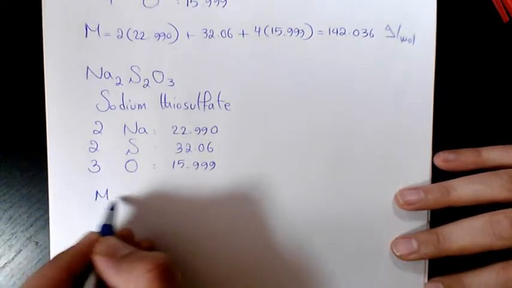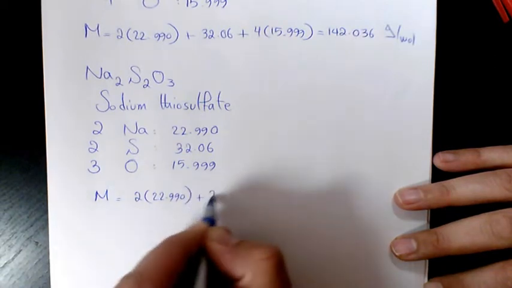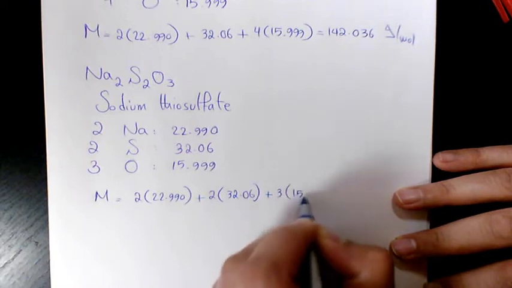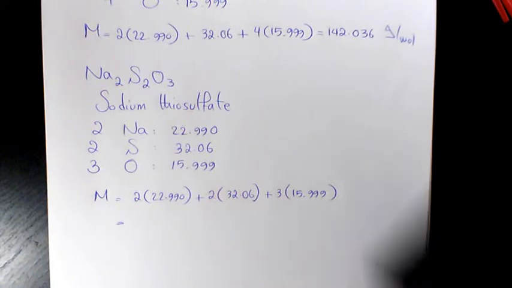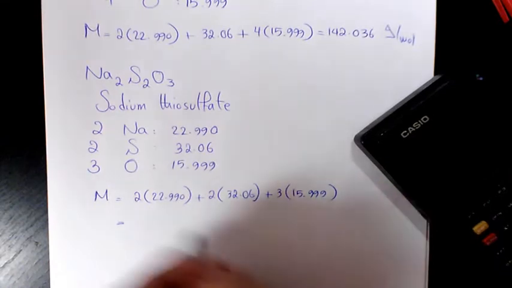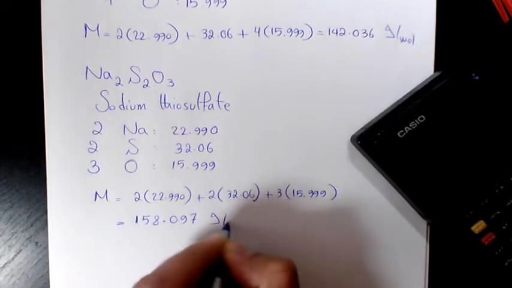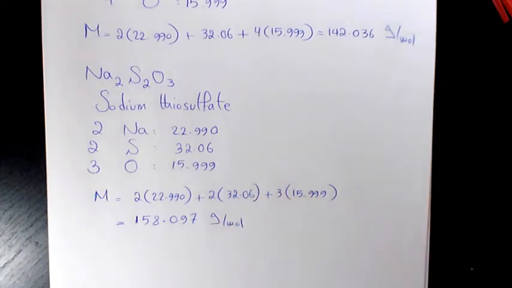So M will be 2 times 22.990 plus 2 times 32.06 plus 3 times 15.999. That's going to give me 158.097 grams per mole. That's the molar mass of sodium thiosulfate.